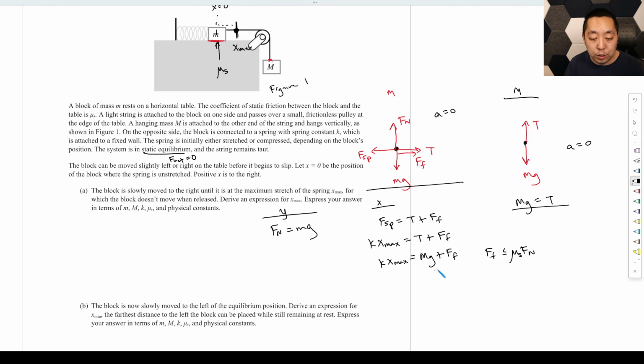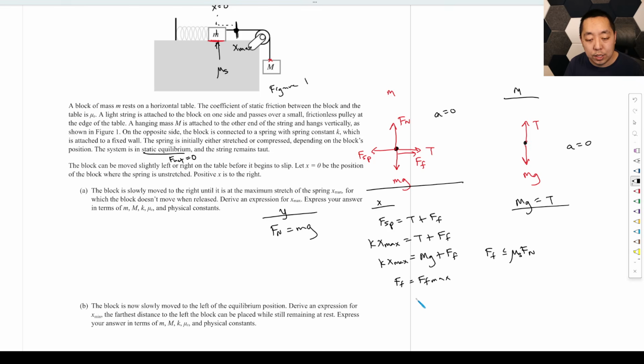So therefore, our frictional force, which you can look at as kx max, or another way to think about it is, at the maximum stretch we want to be right on the edge where the frictional force is at maximum. So Ff is going to equal the maximum when we've stretched it the most.